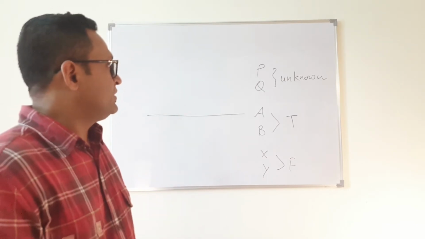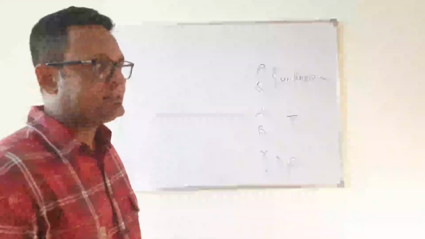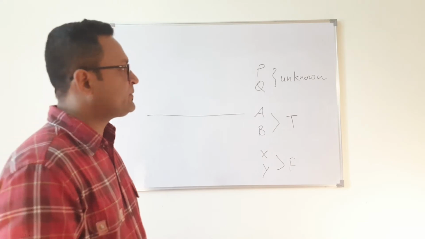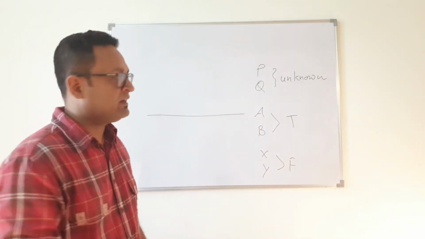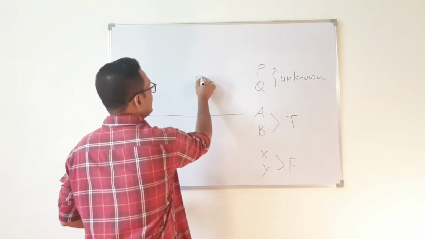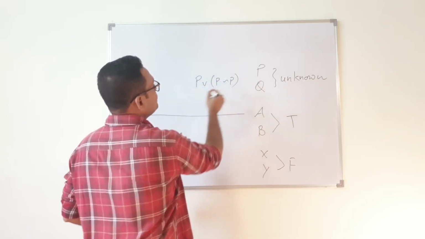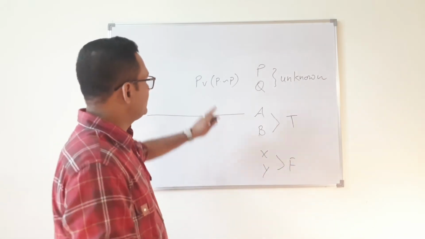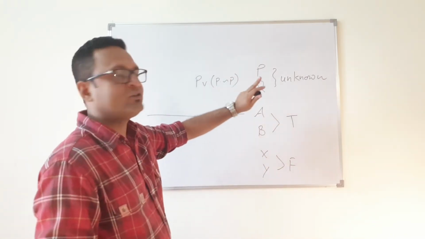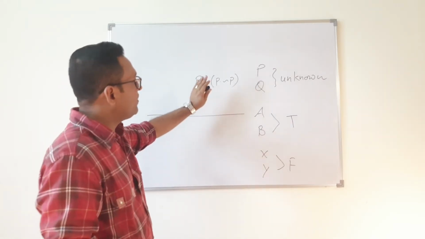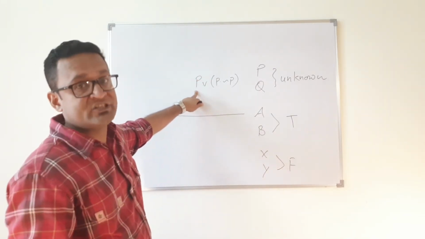Now this is what you need to understand, that there can be an expression like the last one, like p wedge p dot negation p. So you know, irrespective of whatever the value of p or q is, because p or q is unknown, it will always come out to be p, or a contingent proposition.